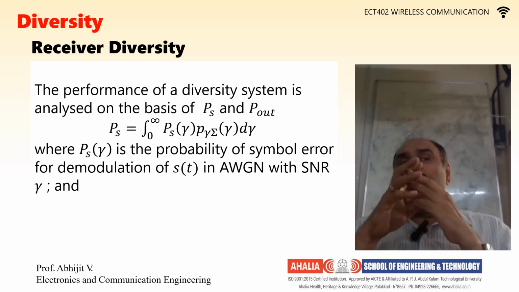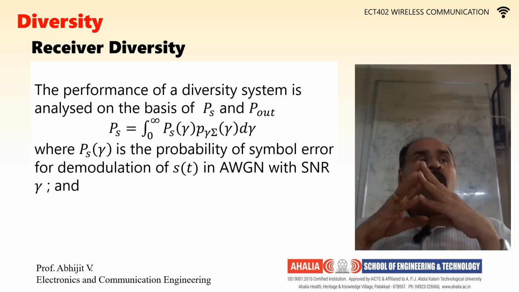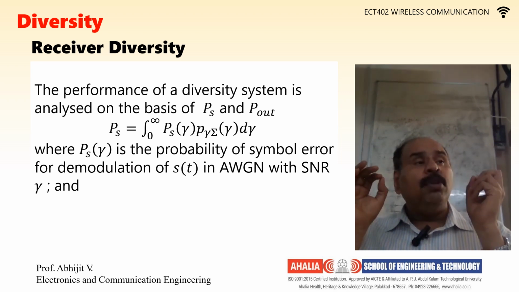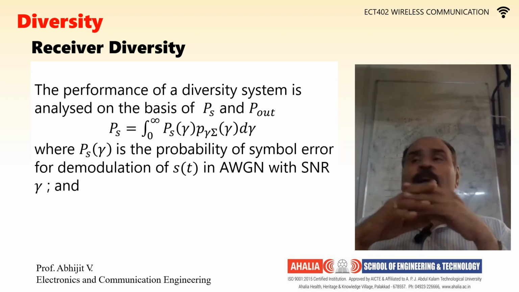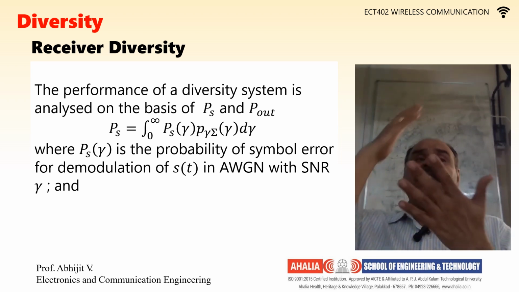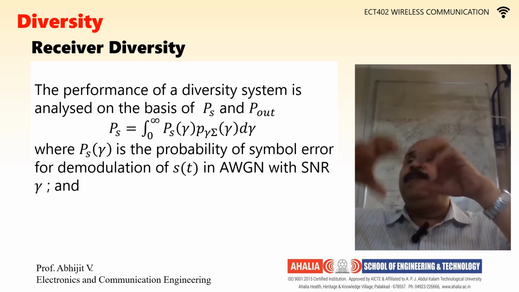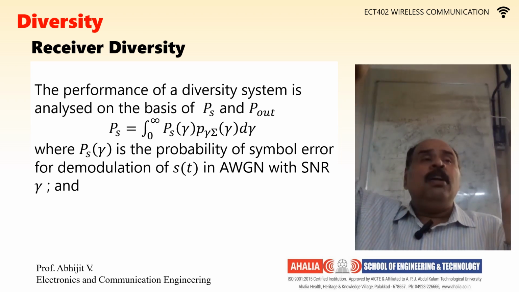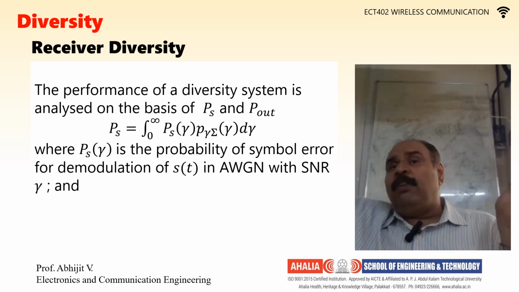Now the next two things are about how we shall measure the performance of diversity. I told you that diversity techniques are used so that if there is any breakage of the signal, or the signal is lost or missing along the way, we can still receive it at the receiver's end.